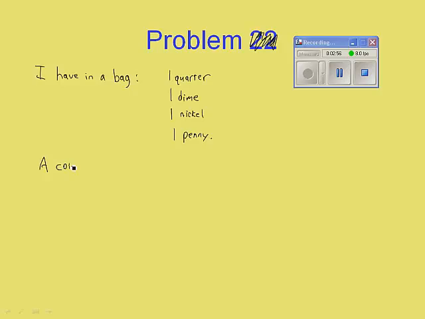A coin is randomly selected. And of course, what does that mean? Equal chance for any of those, right? So then I could compute the probability of Q, where Q is the event that I choose a quarter.